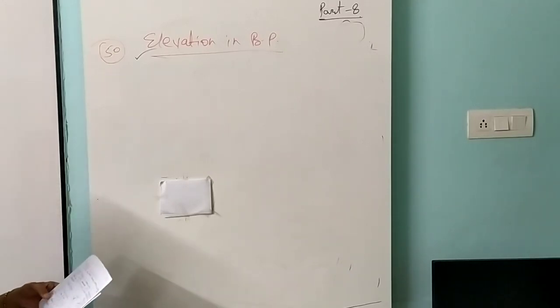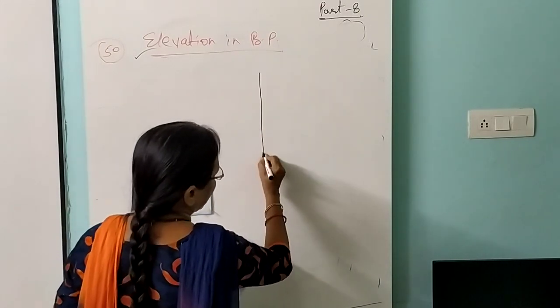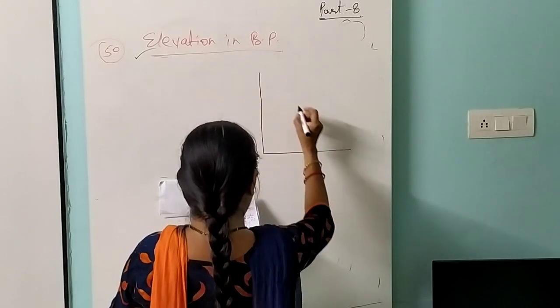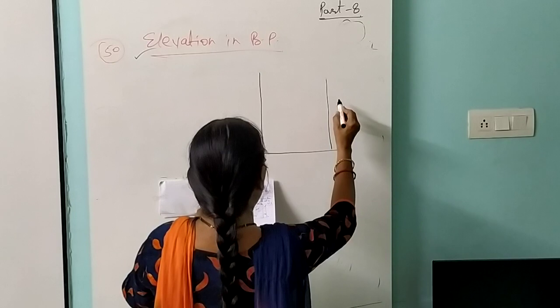Now again, we will first plot a graph. In this graph, we take the boiling point of the pure solvent, and at another place the boiling point of the solution. Here on the axes I will write pressure and boiling point.